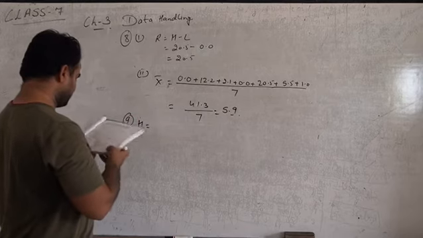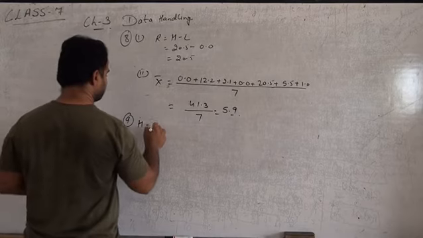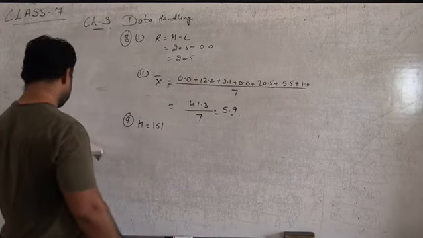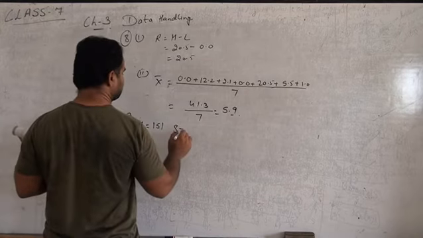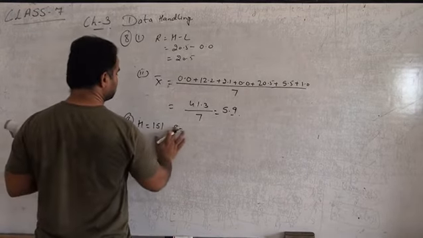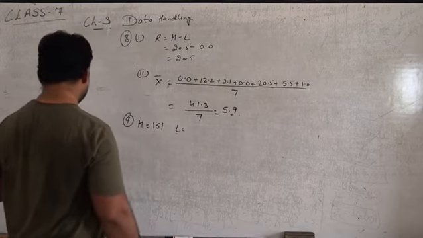The height of the tallest girl is 151. Done. Next, what is the height of the shortest girl? So L equals 128.